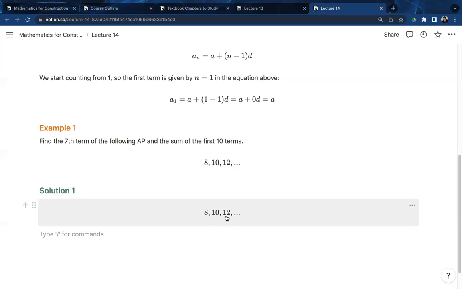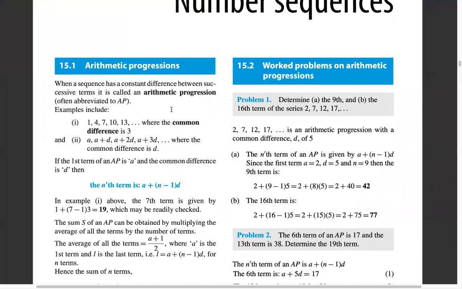And to go from 10 to 12, I need to add 2. Since I'm adding the same thing to go between consecutive numbers, that means the common difference exists and it's a constant. So then it's an arithmetic progression. That's the only thing you could do to verify something's an arithmetic progression. The difference between successive terms is constant.